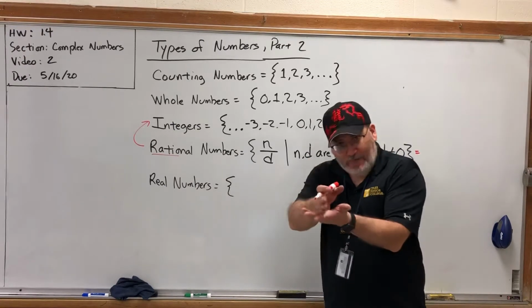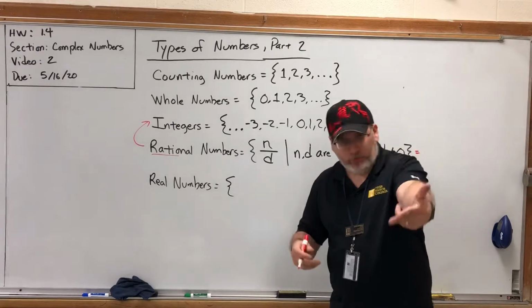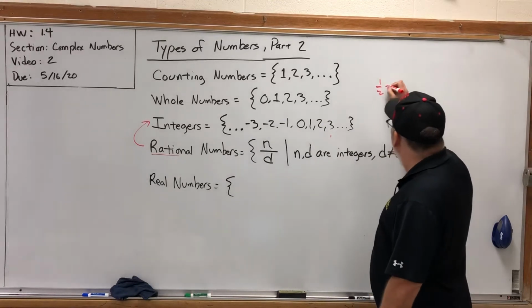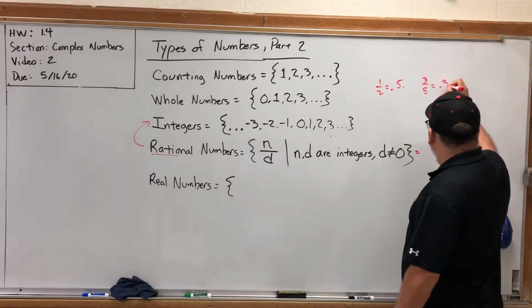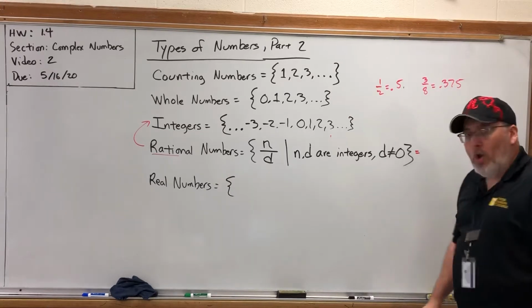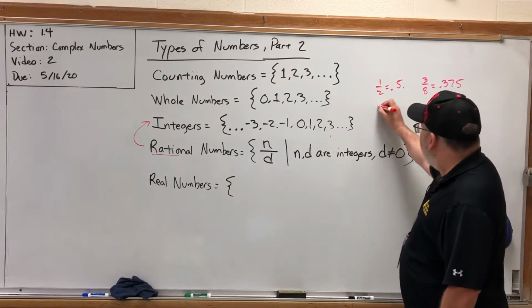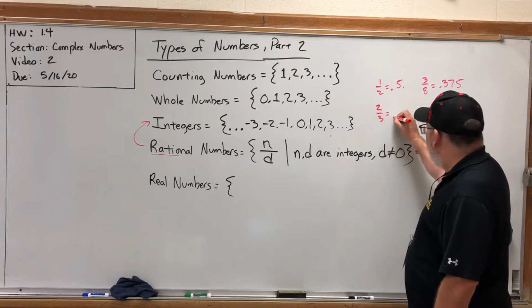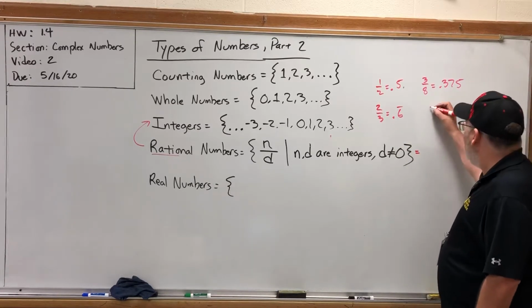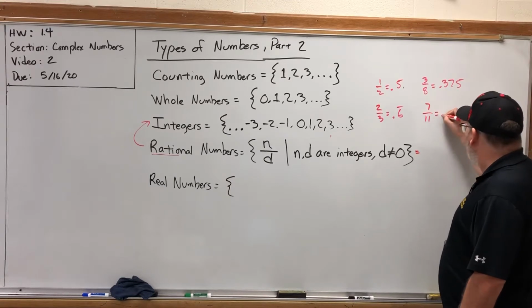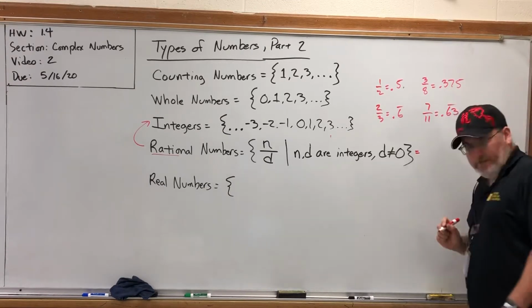Either it will stop, such as 1/2 equals 0.5, or 3/8 is equal to 0.375, or it will repeat, such as 2/3 equals 0.6 repeating, or let's do 7/11 equals 0.63 repeating, if you trust me.